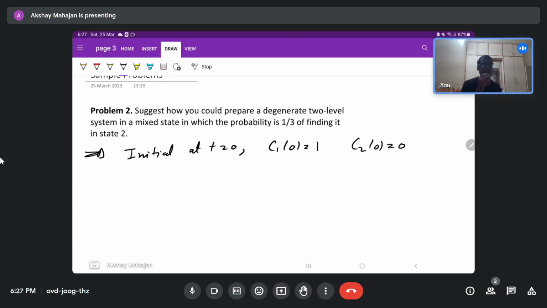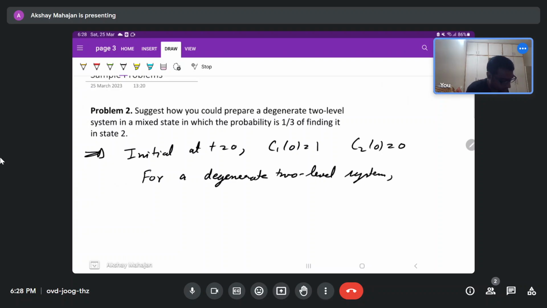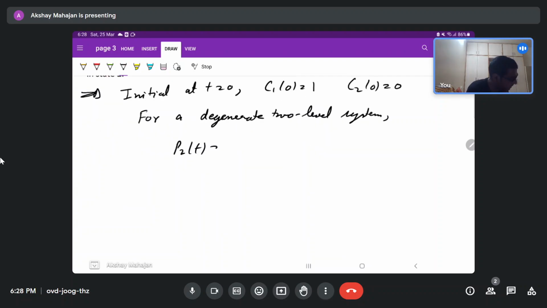So our system is in state 1 at t equals 0, and again we have a degenerate two-level system. We have P2 of t, which we have just solved, and it will be this.